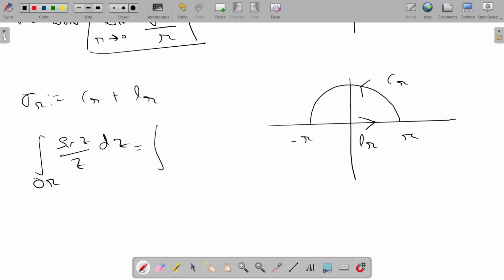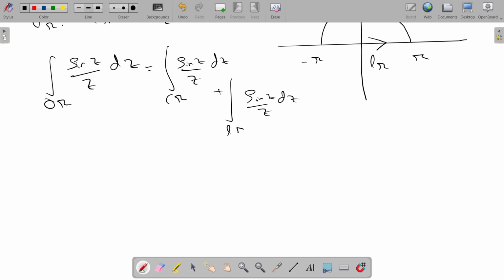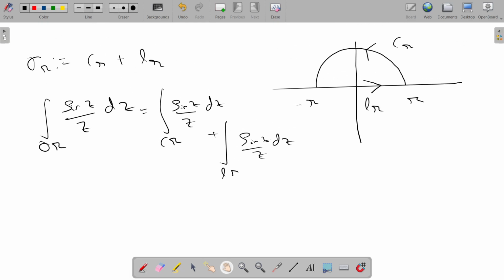This is the integral over C_R of sin z by z dz plus the integral over L_R of sin z by z dz. Now, what is the integral of sin z by z over the closed contour gamma R?